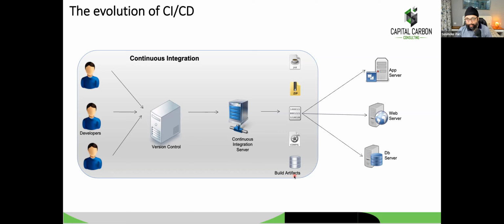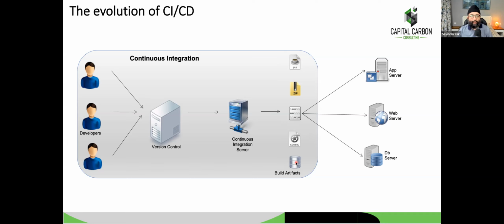Now, the build artifact in a Java world could be a jar, war, a zip file, any sort of binary file, some config file, some database changes. These are all called build artifacts. Now, these build artifacts get deployed into various places. If you just take a simple 3-tier application, there's an app server, there's a web server, there's a database server.